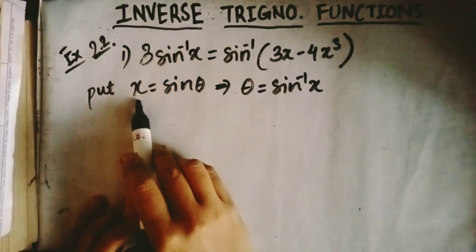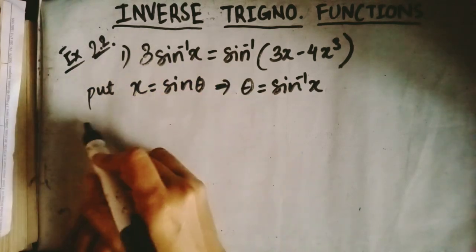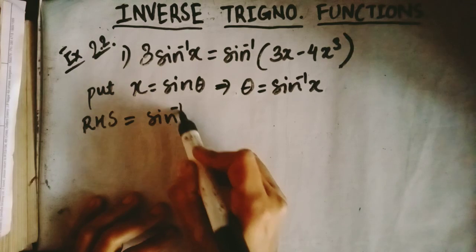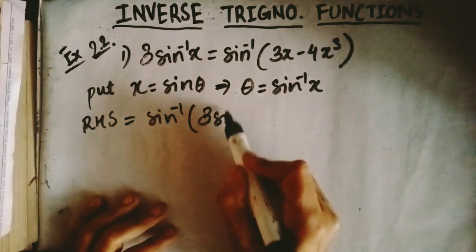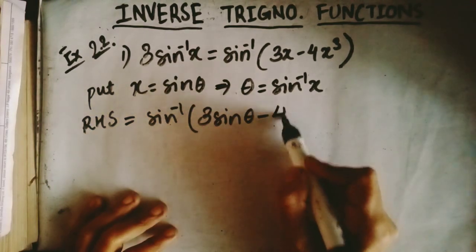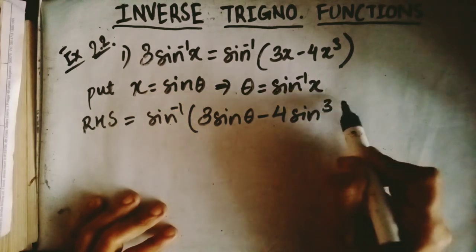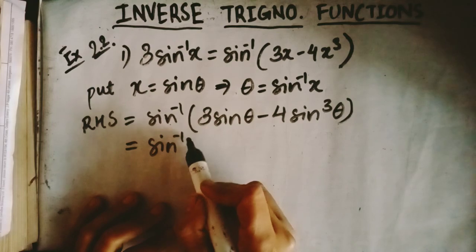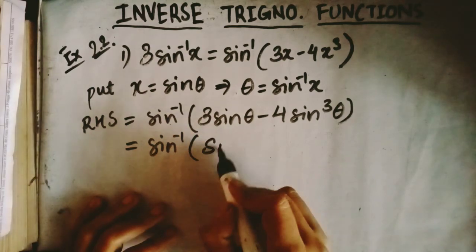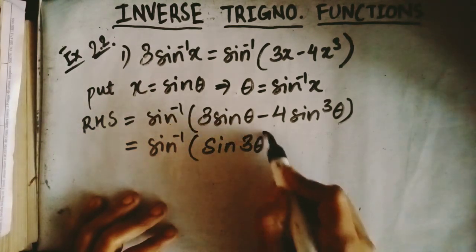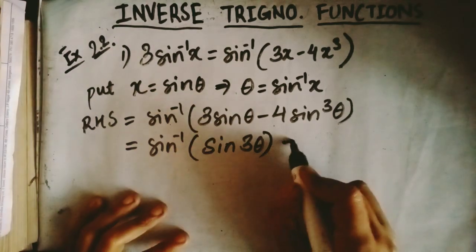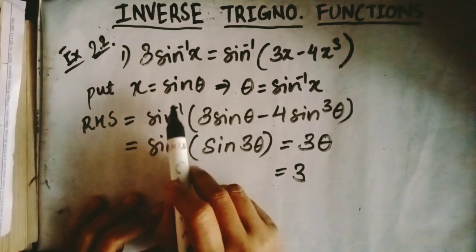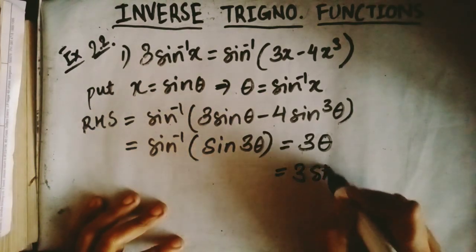Substituting this x in our RHS, we'll get sine inverse of 3 sine theta minus 4 sine cube theta, which is sine inverse of sine 3 theta. Using the property of inverse trigonometric functions, you will get this as 3 theta, and our theta is sine inverse of x.